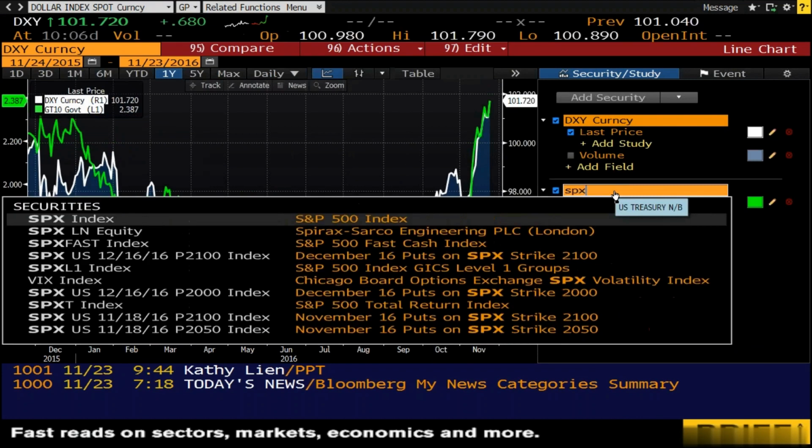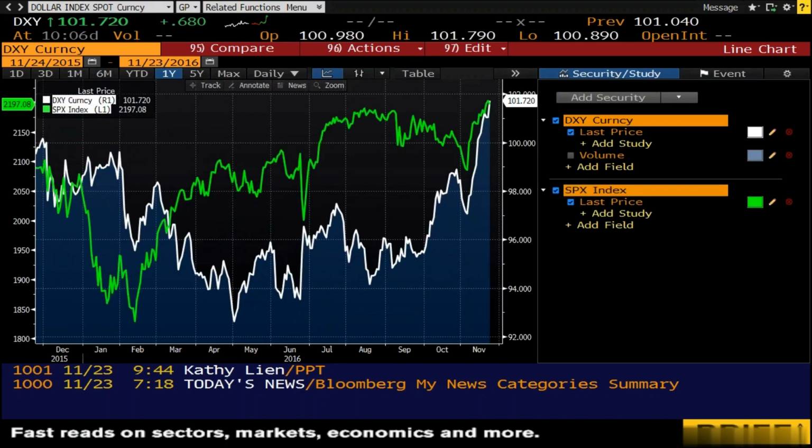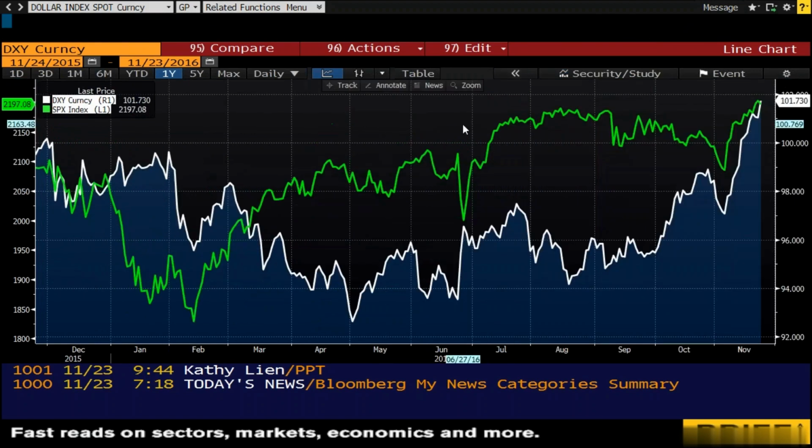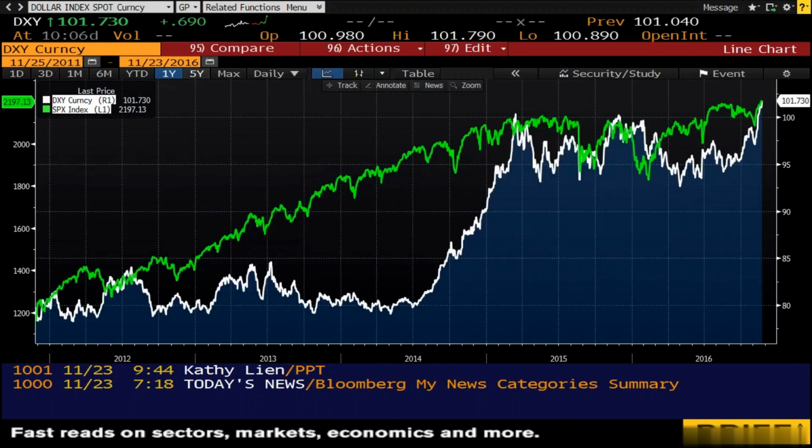More so dollar yen than the dollar index itself, though. But if I pop on the S&P, you can also see that generally speaking, there's a nice positive correlation, which means that when stocks rise, it does well for the dollar, and generally speaking, much more so for dollar yen.